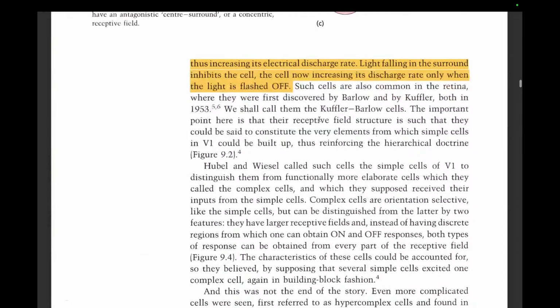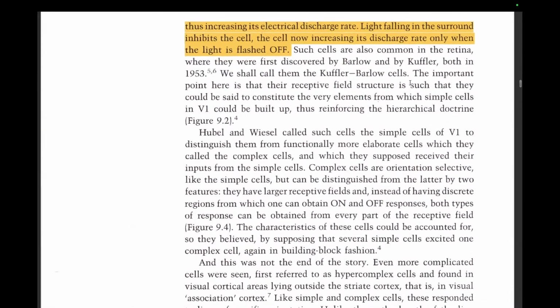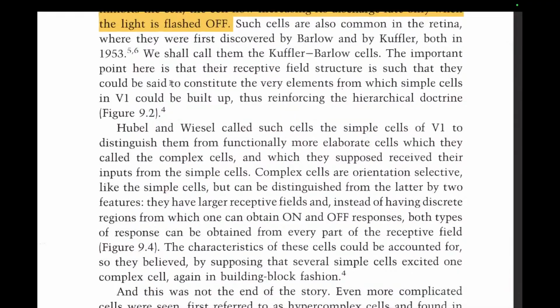So these are cells discovered by Barlow. Interestingly, he said that units are what corresponds to us thinking, not the brain as a whole, I believe. Interesting. The important point here is that their receptive structure is such that they could be said to constitute the very elements from which simple cells of V1 could be built up, thus reinforcing the hierarchical doctrine.